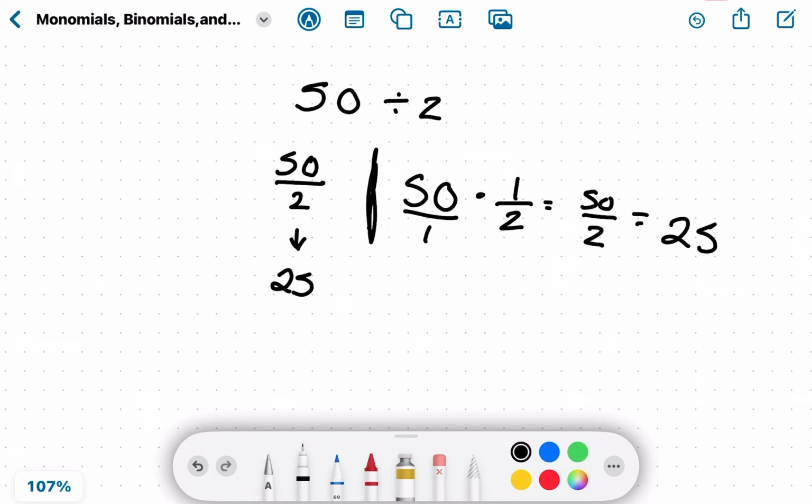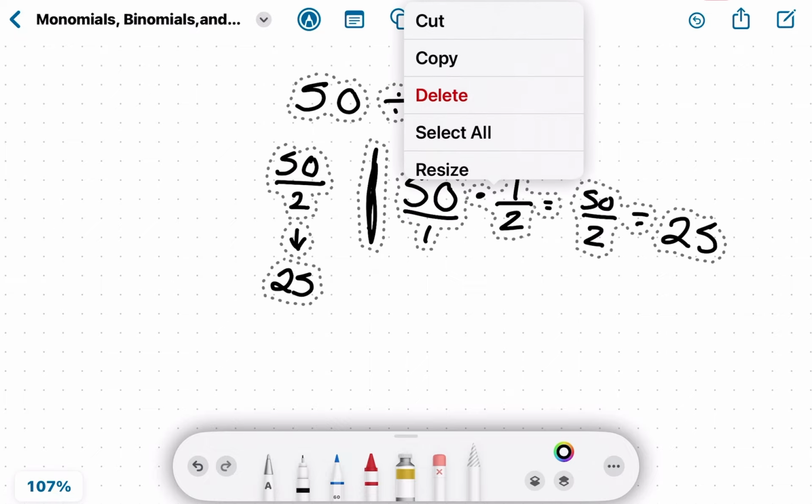But it is super important to remember that terms are always things multiplied together, and only multiplied or divided together. It cannot be addition and subtraction, and we're going to go into that right now.